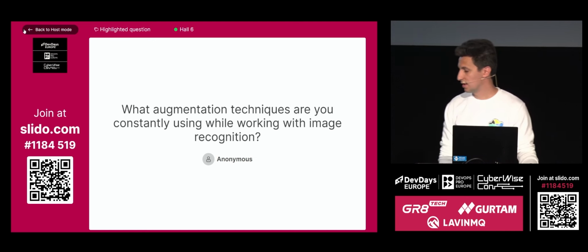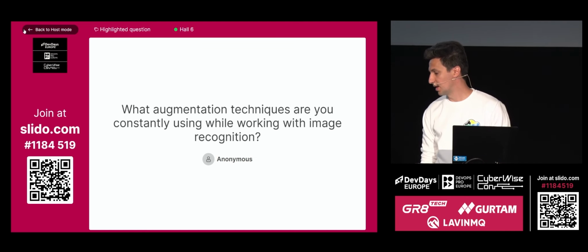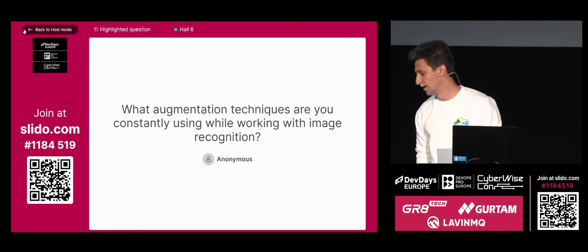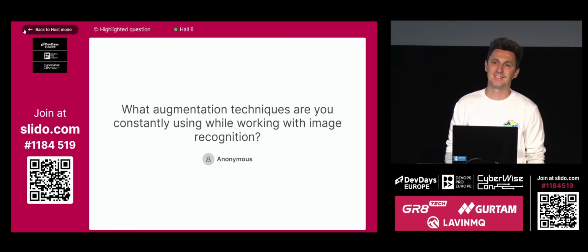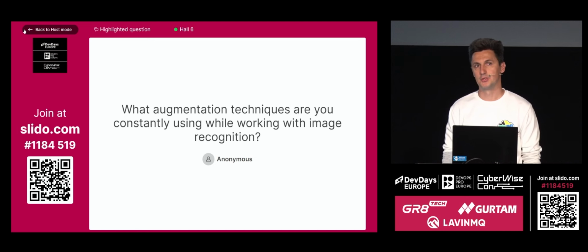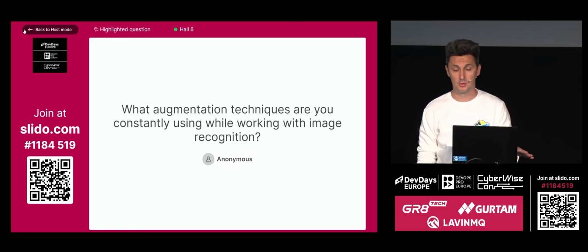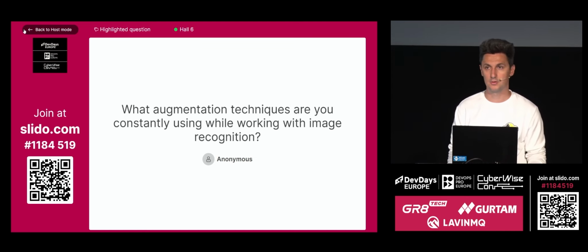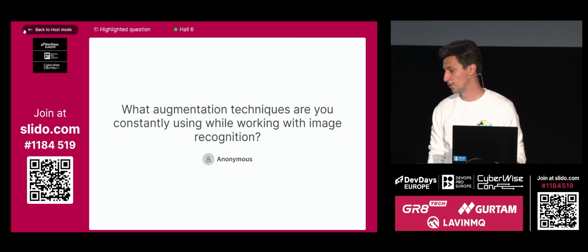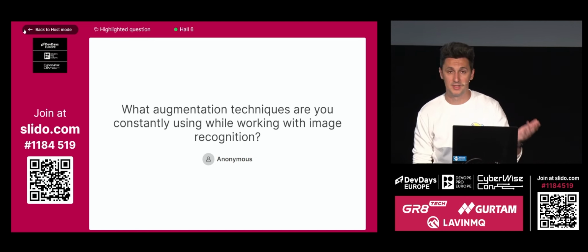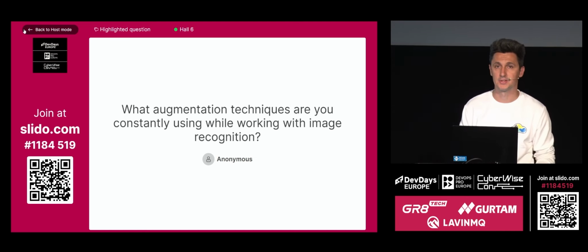Second one, what augmentation techniques are you constantly using while working with image recognition? Well, this kind of depends, right? It's up to you to use your own techniques in here. I'm not using any of it at the moment, so what you saw here is literally brute, nothing at all. But if you want to use augmentation techniques to do image recognition, I guess you can use them as well.